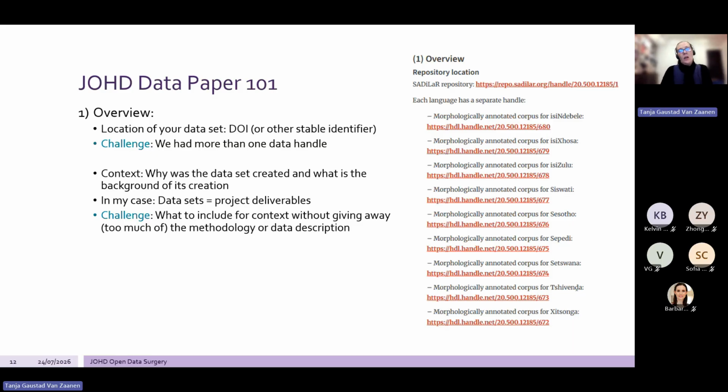The challenge with the writing of the overview section is mainly what you include here without giving away too much of the methodology or the data description later. So that's what you get with every paper, I think, trying to figure out what to put where and how much to say from the beginning and not stealing your own thunder further down in the paper.